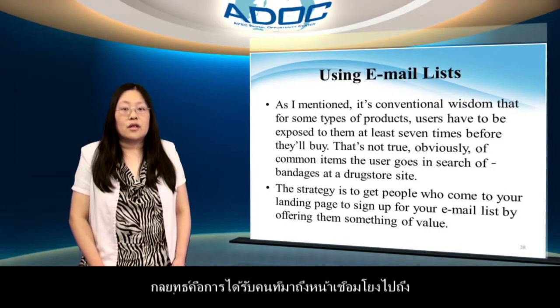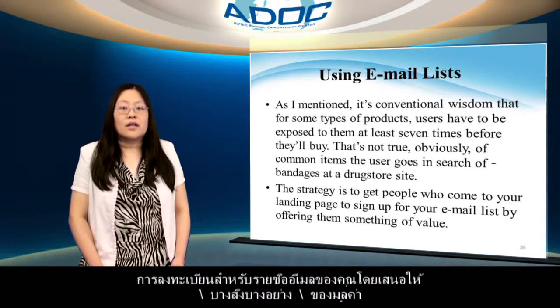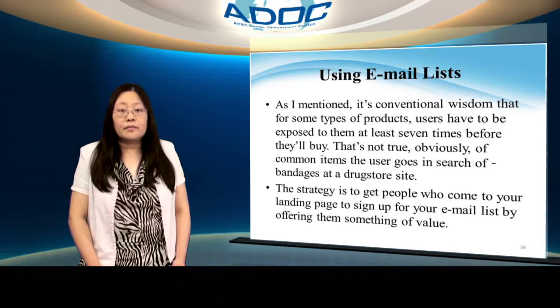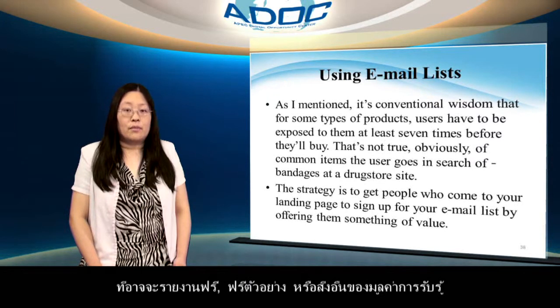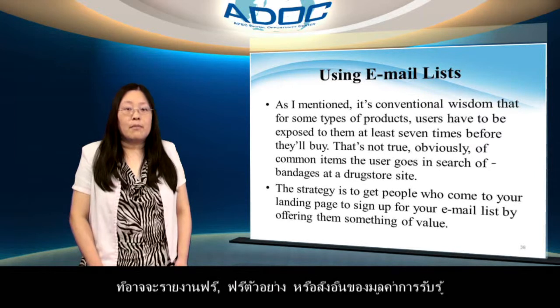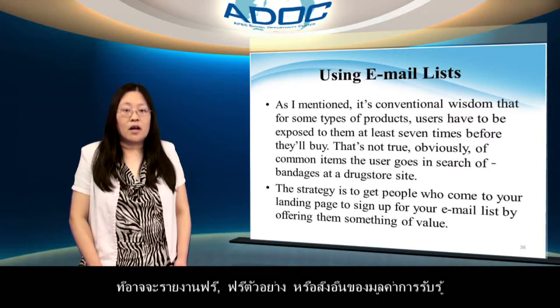The strategy is to get people who come to your landing page to sign up for your email list by offering them something of value. That could be a free report, a free sample, or something else of perceived value.